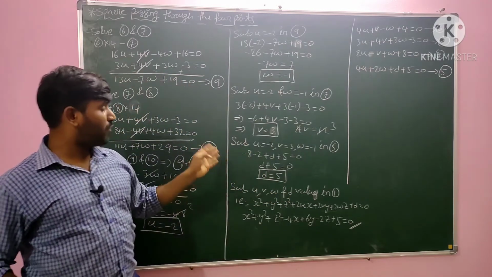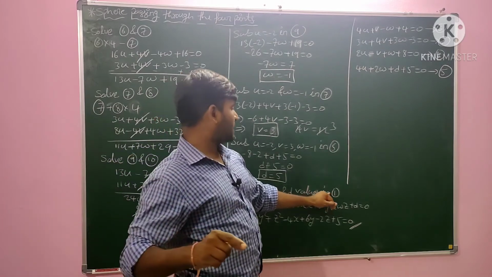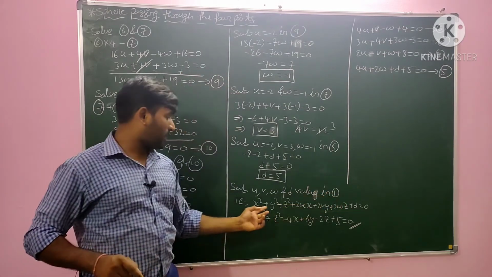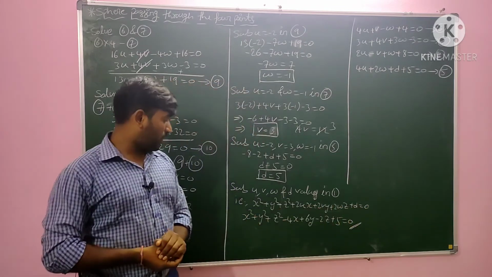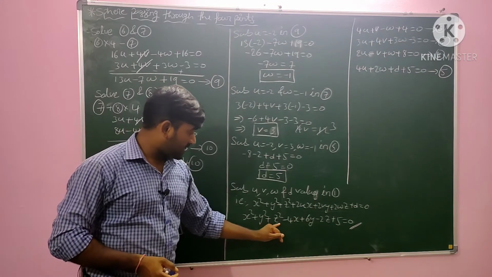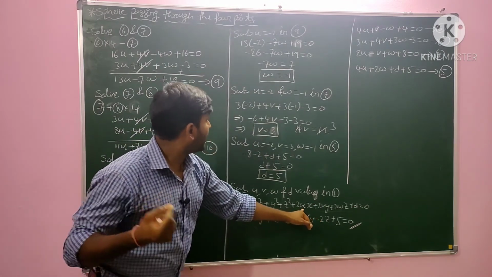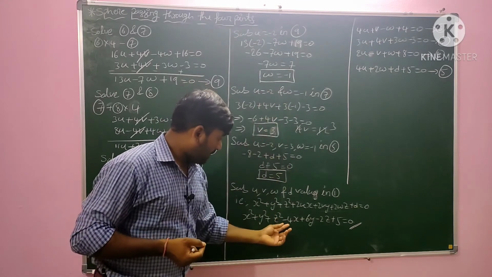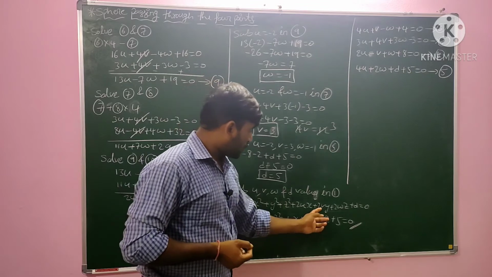Now substitute these 4 values in the standard form of the sphere equation, that is equation number 1: x square plus y square plus z square plus 2ux plus 2vy plus 2wz plus d equal to 0. Then x square plus y square plus z square as it is, plus 2ux. The u value is minus 2, so 2 into minus 2 into x, that is minus 4x. Next 2vy.